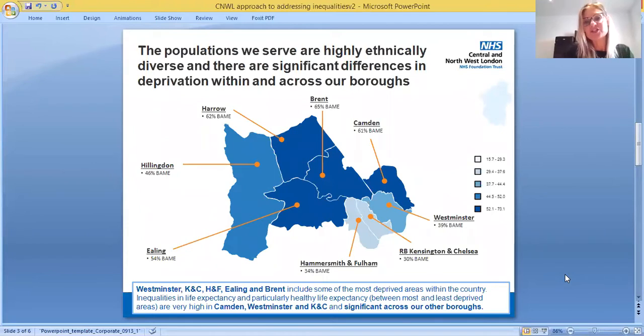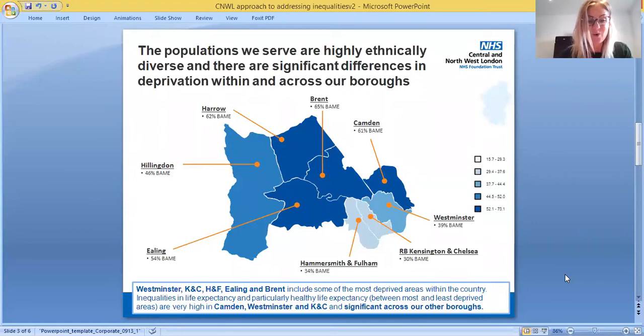The populations that we serve at Central North West London, some of you will be aware of who we are and the populations that we serve. But as I said before, very diverse and highly diverse across the areas, and there's a range of deprivation. You can see in that bottom text that Westminster, Kensington and Chelsea, Hammersmith and Fulham, Ealing and Brent are some of the most deprived areas within the country.